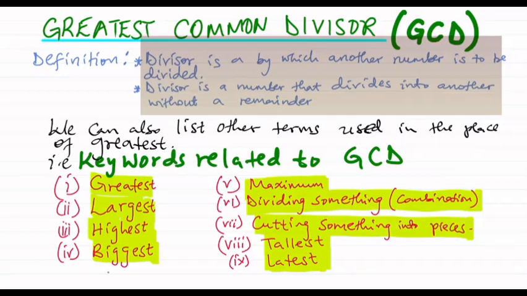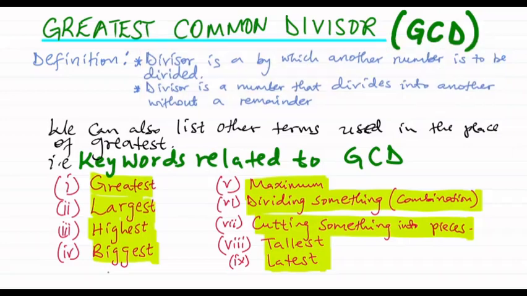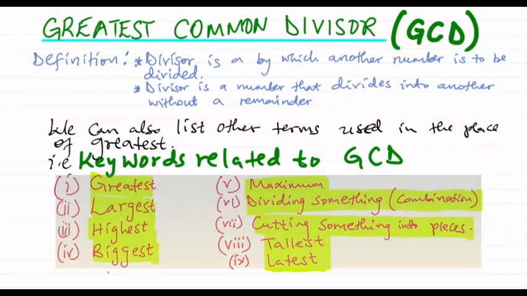We can also list other terms used in the place of greatest common divisor. What are the other keywords that are related to GCD? We have greatest, largest, highest, biggest, maximum, dividing something or a combination, cutting something into pieces, tallest, latest.